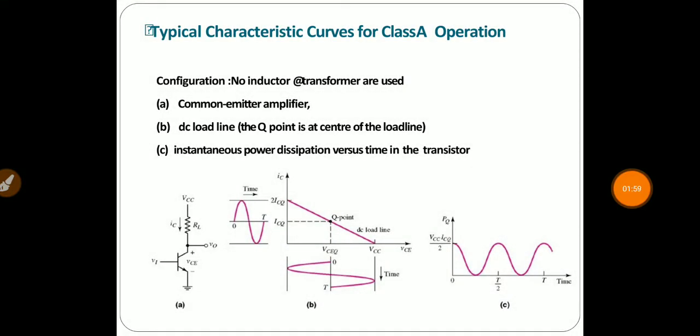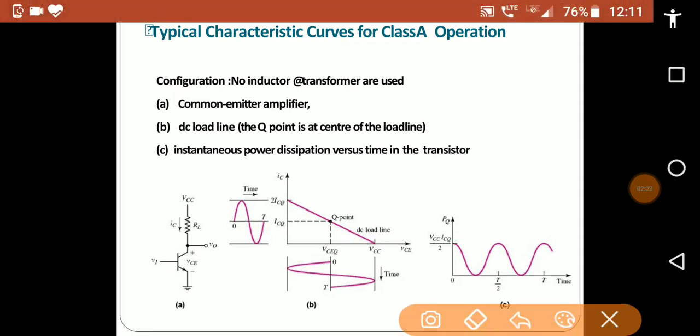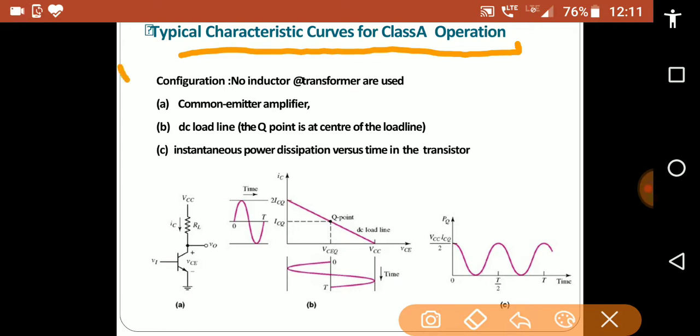The typical characteristic curve for class A operation is given. In this configuration no inductor or transformer is used.